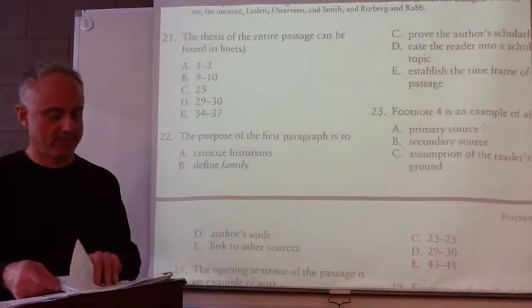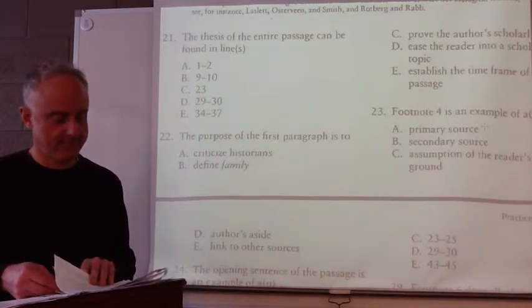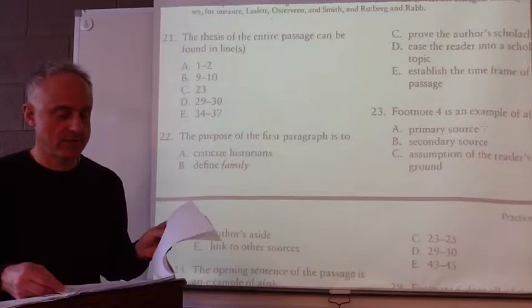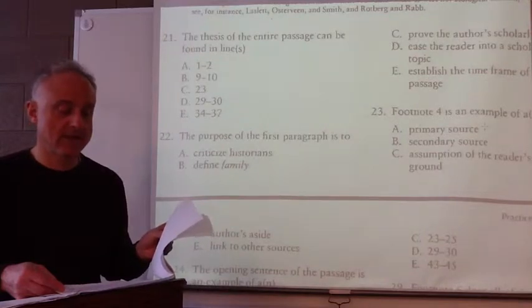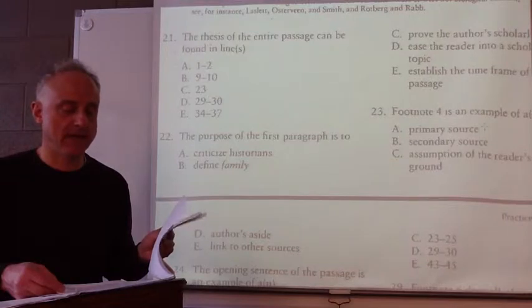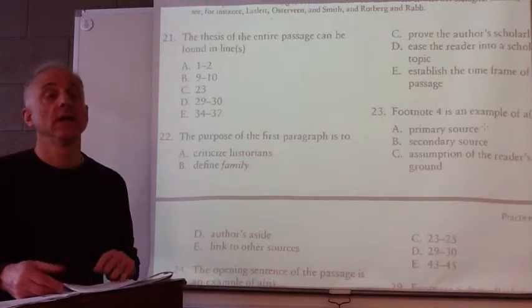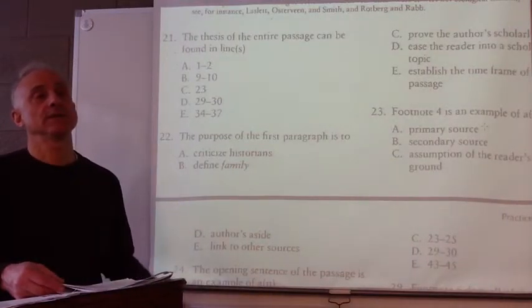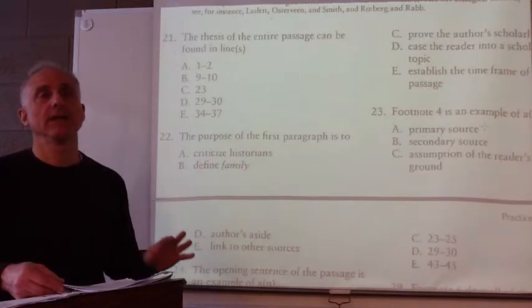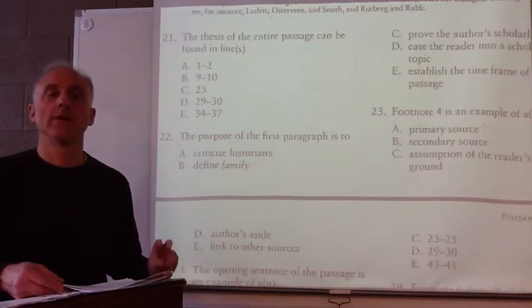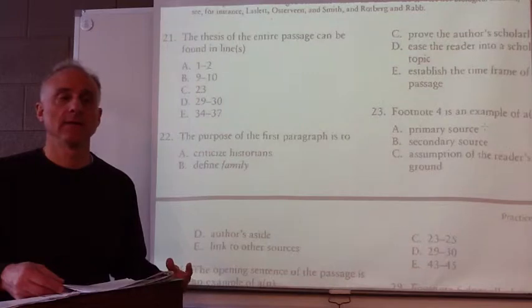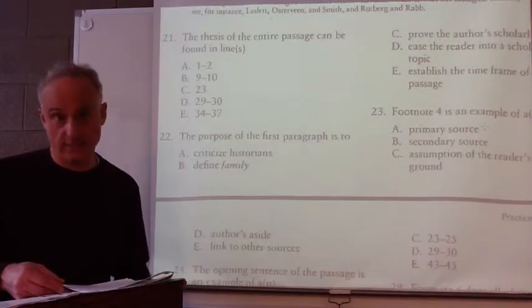But so it says in lines 1 and 2. But it is the first sentence. Most historians warn readers that to grasp family history, you must first abandon the idea that you already know what family means. That's the thesis because it's explaining to the reader that what is going to be upcoming to define family is not what we thought it was.